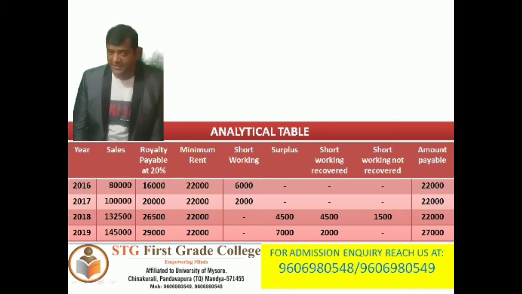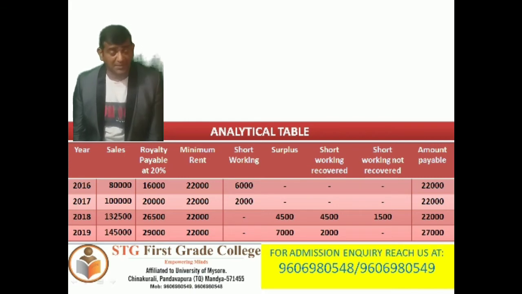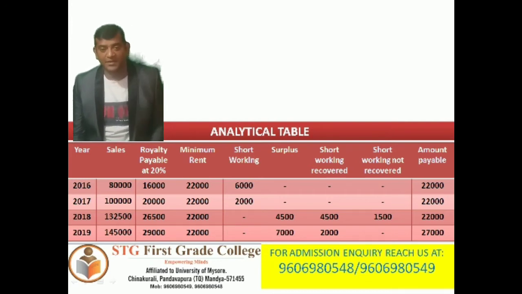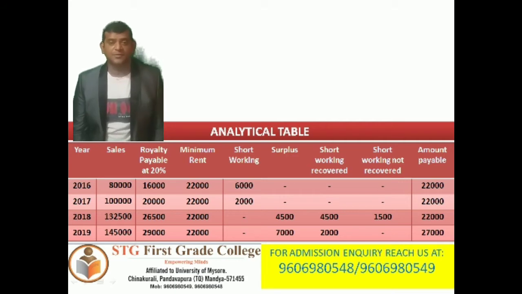So here: sales, royalty payable at 20%, minimum rent, short working, surplus, short working recovered, short working not recovered, and amount payable. So this is the table you are supposed to open. Clear? So after opening the table, let us enter all the information as per the extraction we have done.